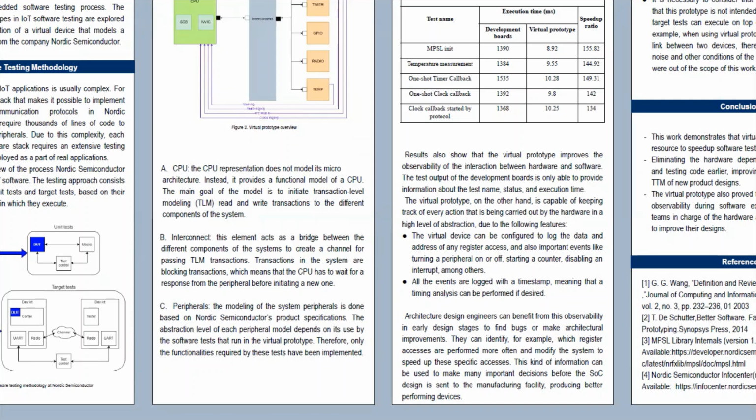We have a subset of the software tests that are able to execute on top of this platform, and that's why we have several abstraction levels for the peripherals, and that's also the reason why we have only modeled some of the peripherals of the SoC, only the ones that were required to successfully execute this subset of software tests that we work with.